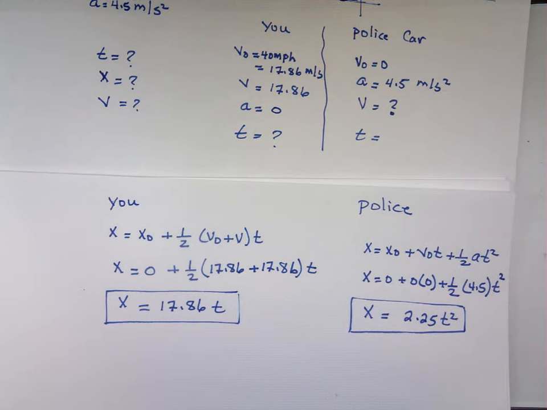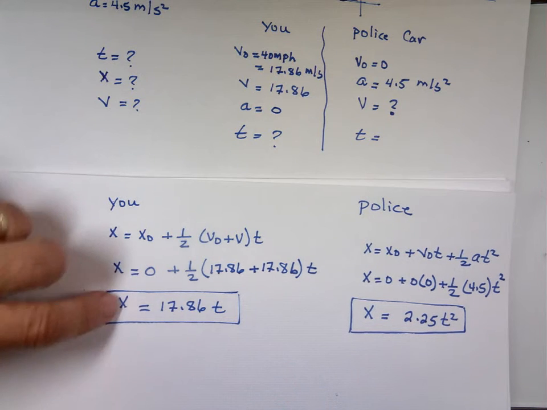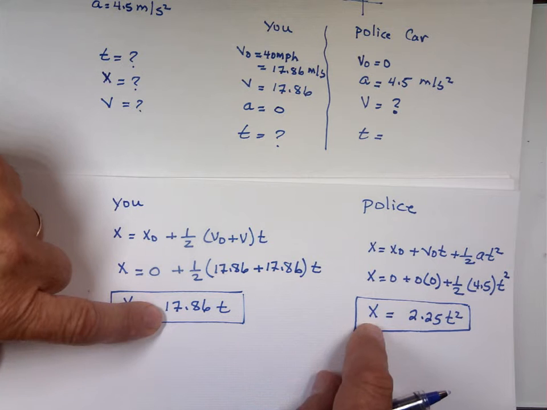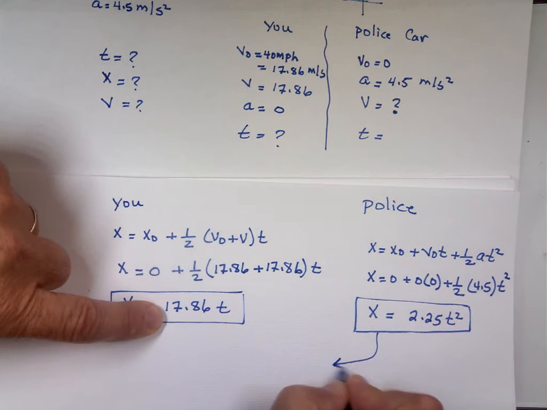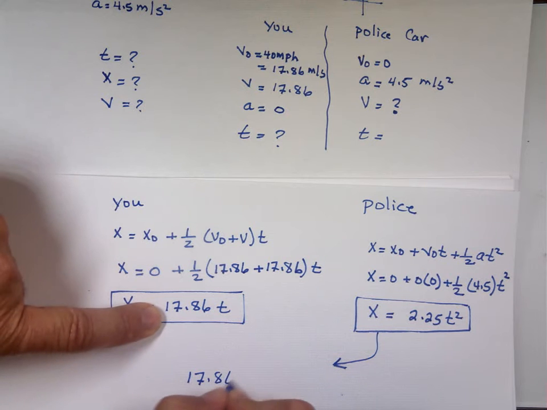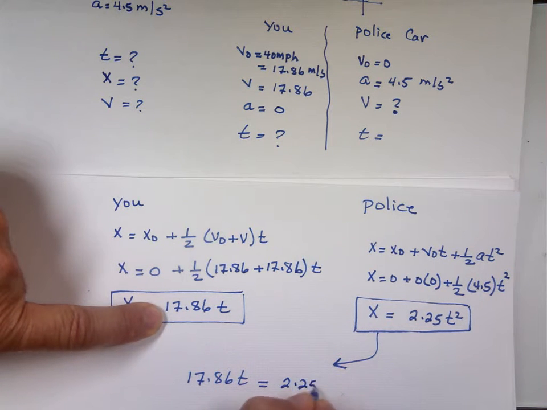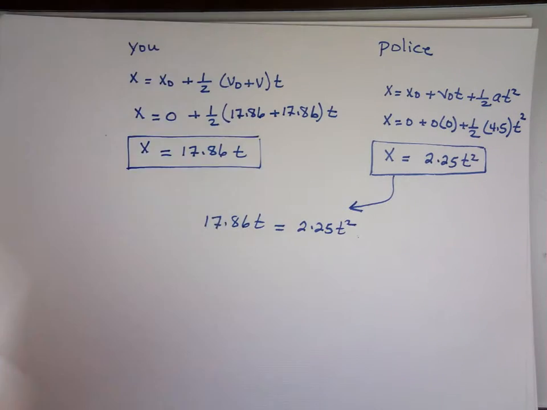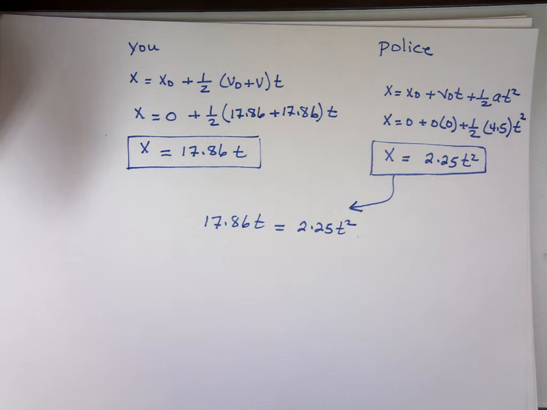We can use substitution from algebra. You know what x is equal to: 17.86t. Plug it in here, so take this equation and replace x with 17.86t. That gives 17.86t equals 2.25 t squared. Can we solve that equation now?